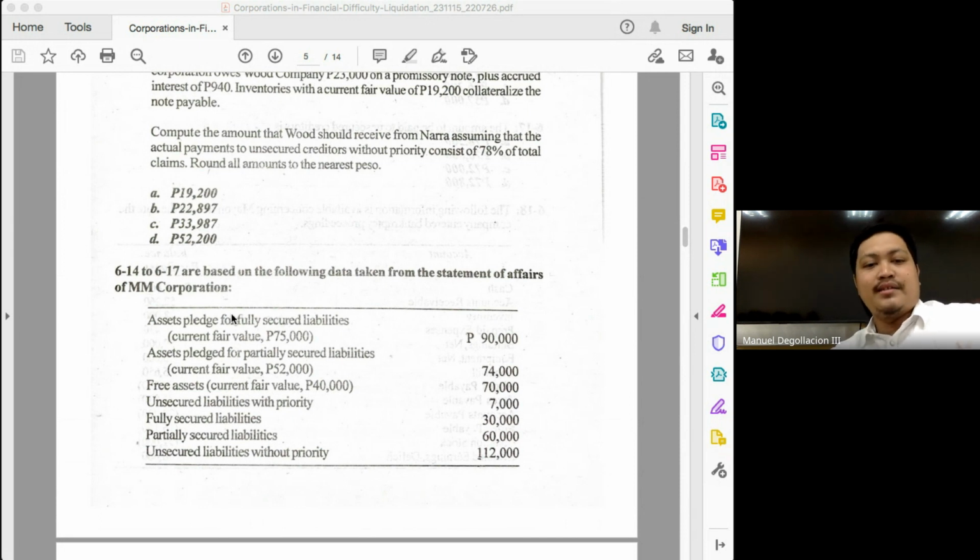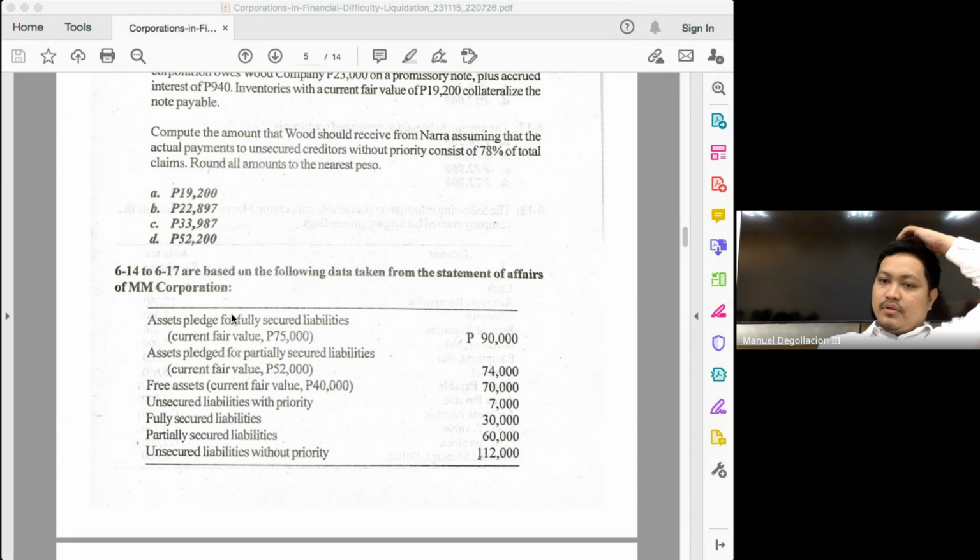Add. What's the second thing we have to remember for your numerator? Deduct the unsecured with priority. How much is the unsecured with priority? 7,000. So we begin with 40. We add. What do we add to the 40 class? And then deduct 7. Will that give you 78? So that will be our numerator already.